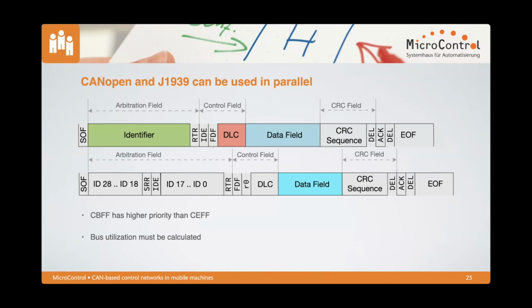So if you have not well calculated your bus utilization, I would say CANopen safety wins, and the J1939 safety solution will crash because the 11-bit identifiers get through.